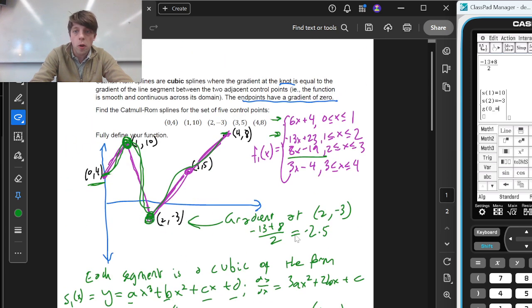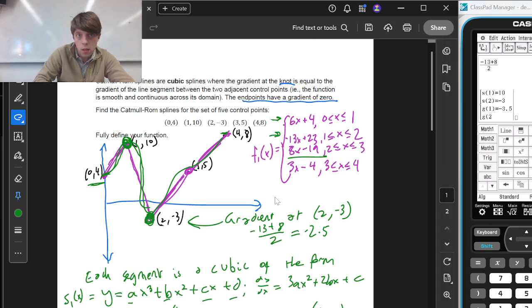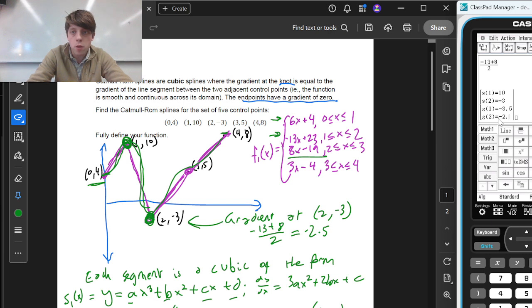When x equals 0, the gradient is -3.5. And when x equals 1, the gradient is 3.5. And when x equals 2, which is at this second point here, the gradient, as we just worked out, needs to be equal to -2.5.